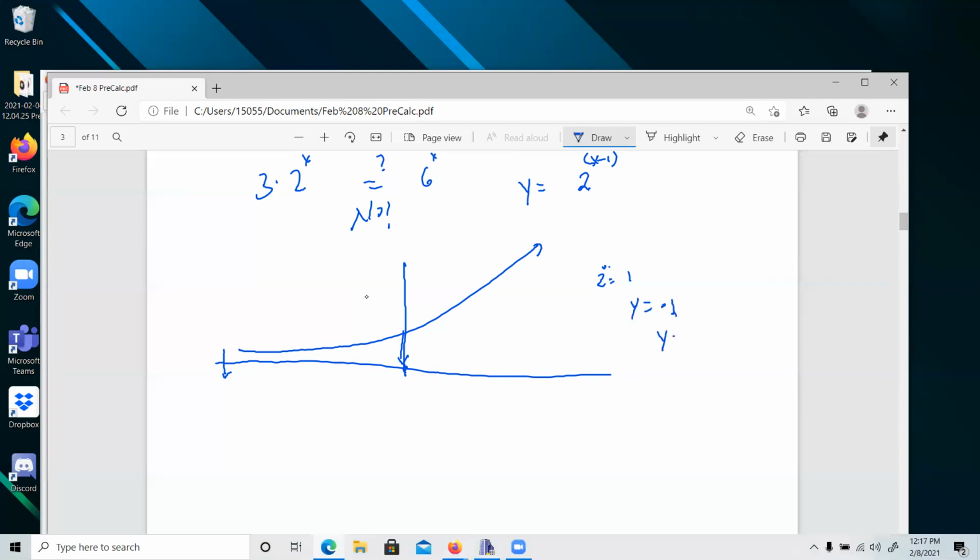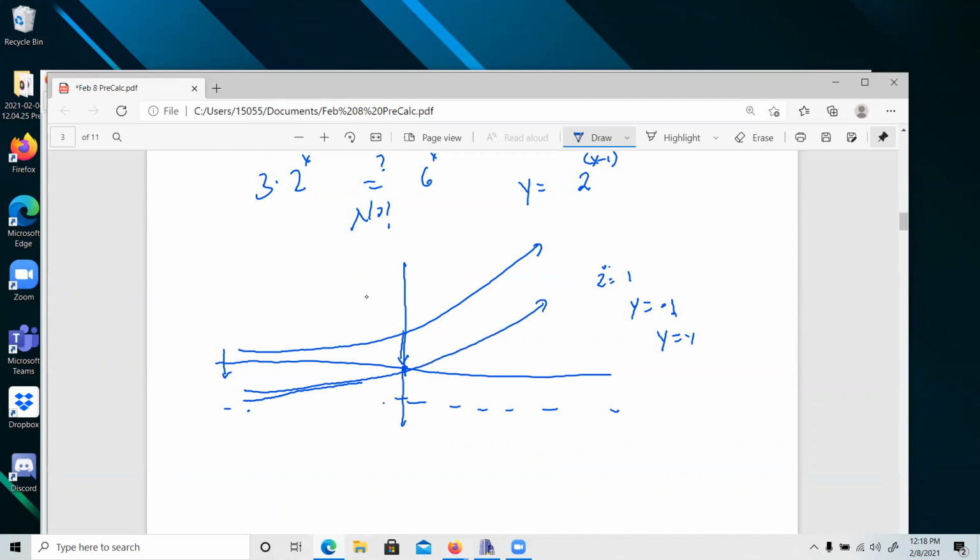This gets moved down 1 unit, so y equals -1 is my horizontal asymptote. All of the negative values here are all going to be fractions. When I subtract 1 from them, they're all going to be negative. I said before they're not going to be negative, but that was without a vertical shift. Now we have a vertical shift. This is going to move down and do something like that.